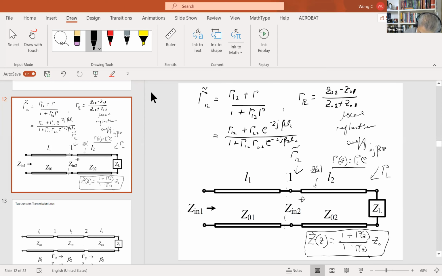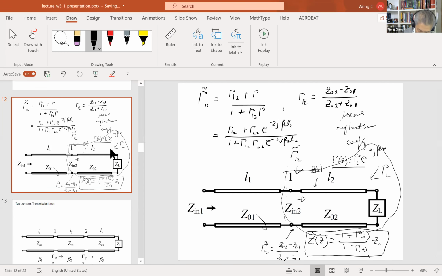Because you just use this to find z in 2, and then you can find gamma 1, 2 tilde, which is equal to z in 2 minus z naught 1 over z in 2 plus z naught 1. You have to use z naught 1 because you are pretending that you are replacing the whole thing here with an equivalent circuit, just like we did for the first case here.